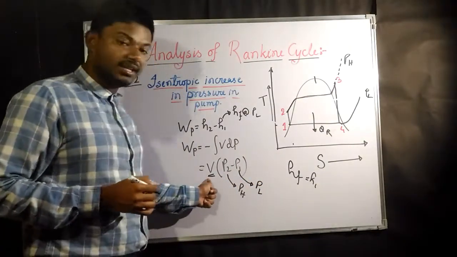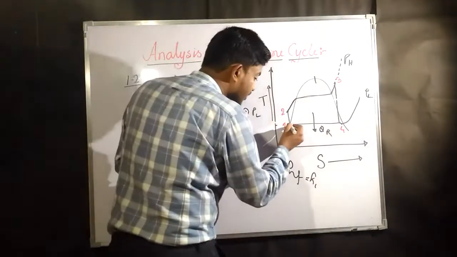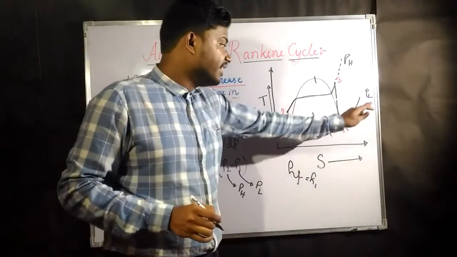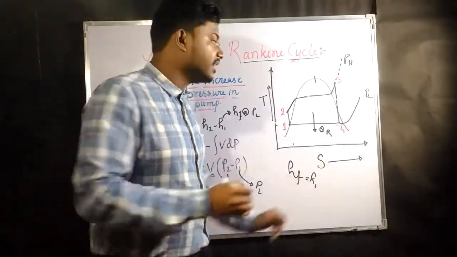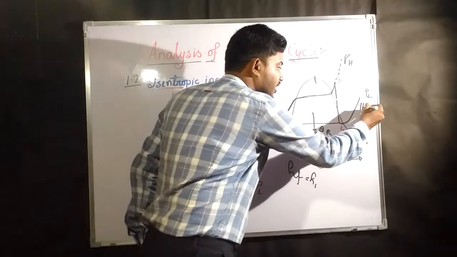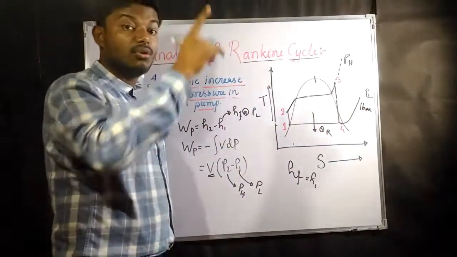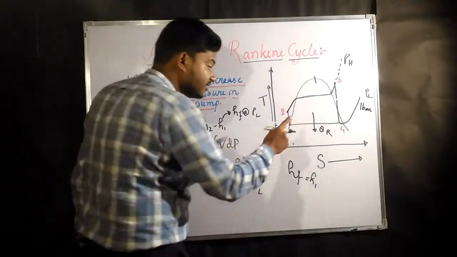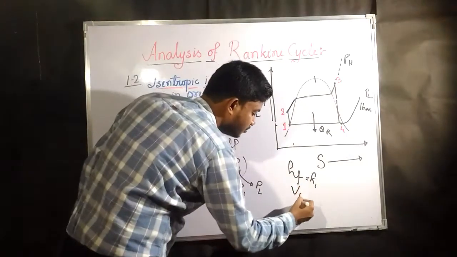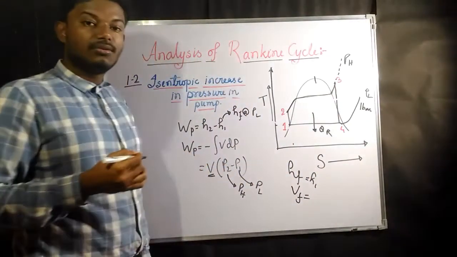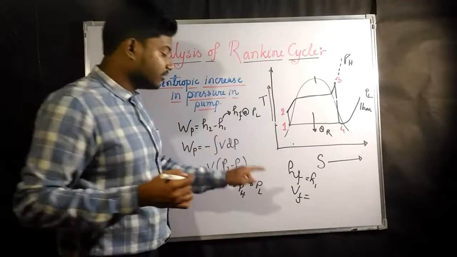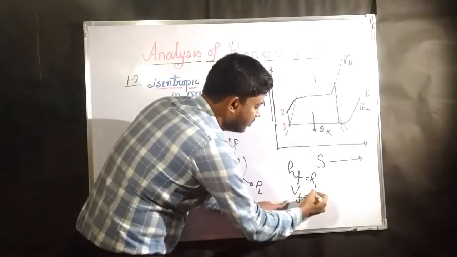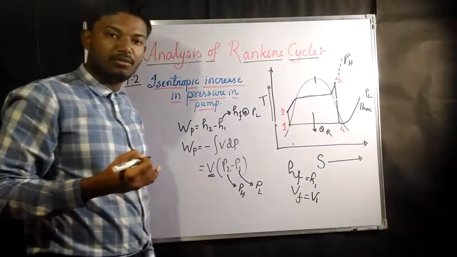And what is V? V is the volume of the liquid at this point. How can we find it? We can find it at a particular pressure, that is PL. Suppose this is 1 bar. In the steam table we find the saturated pressure of 1 bar, and at that pressure, what is the specific volume of the liquid? That specific volume is our specific volume at point 1.